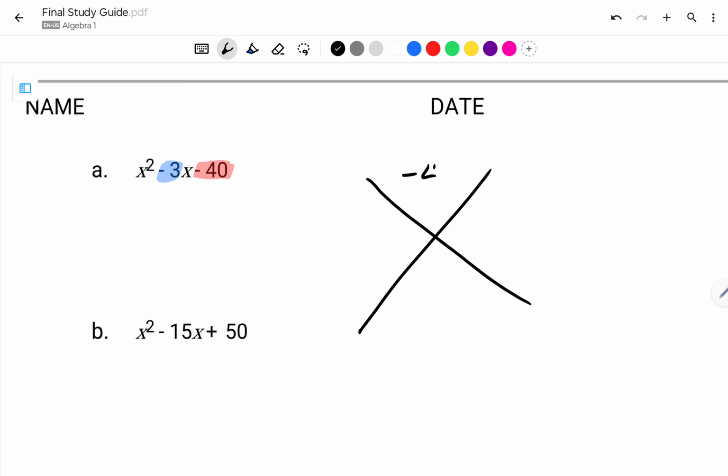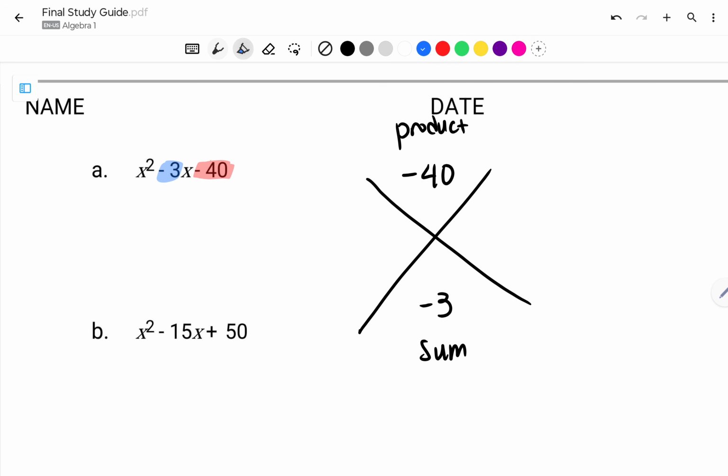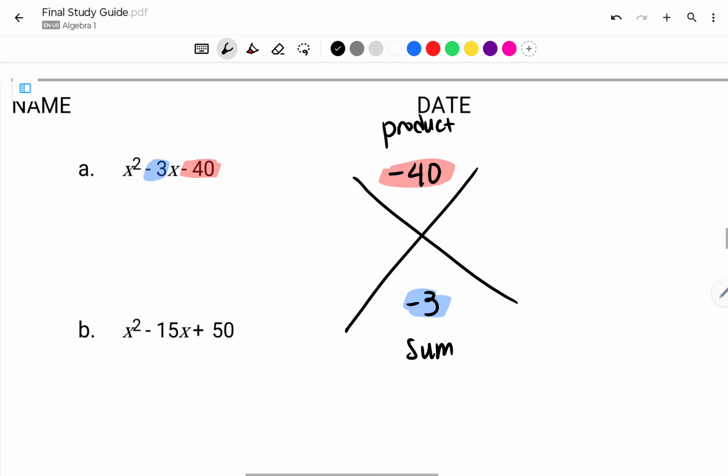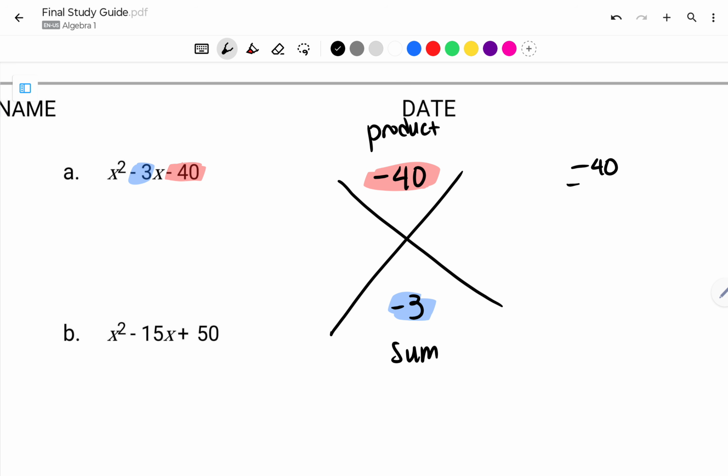I have to put the negative 40 on top, and then the coefficient on the bottom, because the top is the product and then the bottom is the sum. If you put negative 40 in the bottom, then it's going to be wrong. So we're trying to think of two numbers that multiply to get negative 40, product, and then add up to get negative 3.